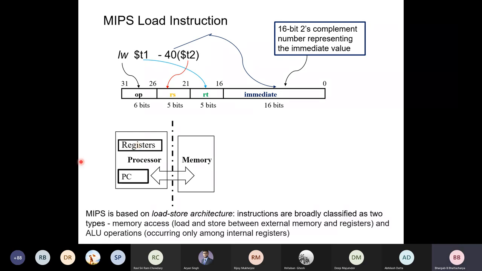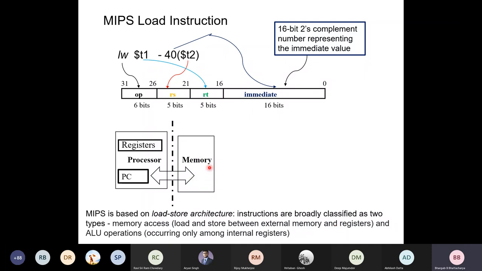Here, I want to mention one thing: this MIPS assembly language, or the MIPS machine, is based on what is called the load store architecture. Here, all instructions are broadly classified into two types. One is called memory access, where you access data from memory, or both ways, like loading from external memory or storing into external memory.